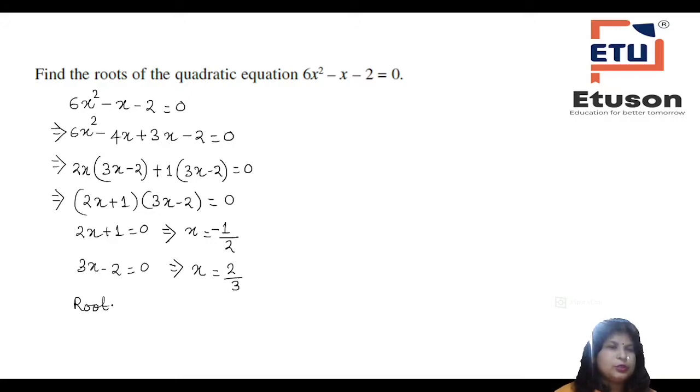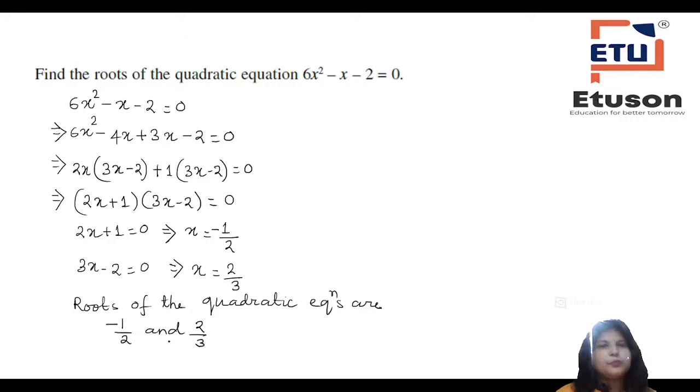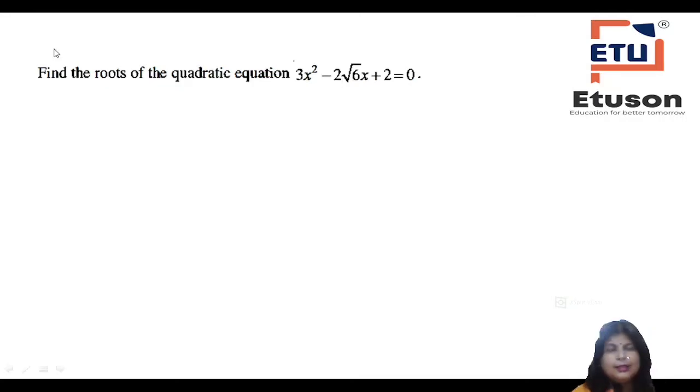The roots of the quadratic equation are minus 1 by 2 and 2 by 3. Correct, children? It's so easy to find out. Correct? So now let us go to the next example.